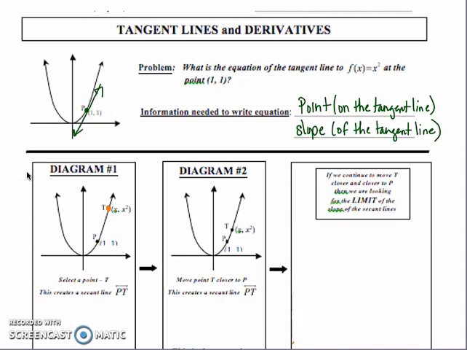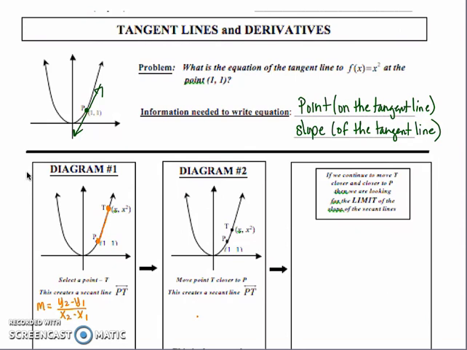So if we were going to try to find the slope between these two points, this creates a secant line. And the slope of the secant line, we know our equation for slope is y2 minus y1 divided by x2 minus x1.